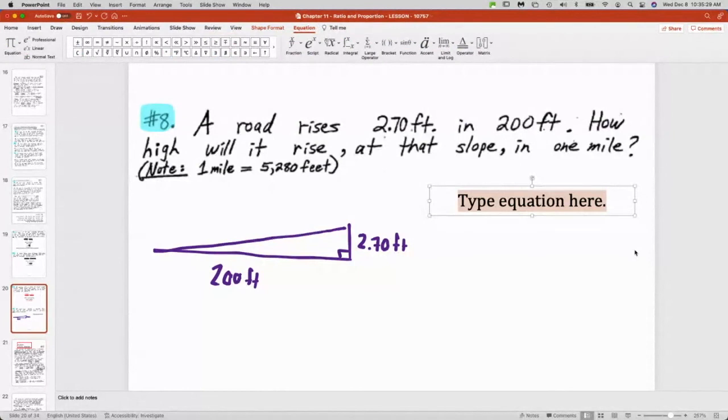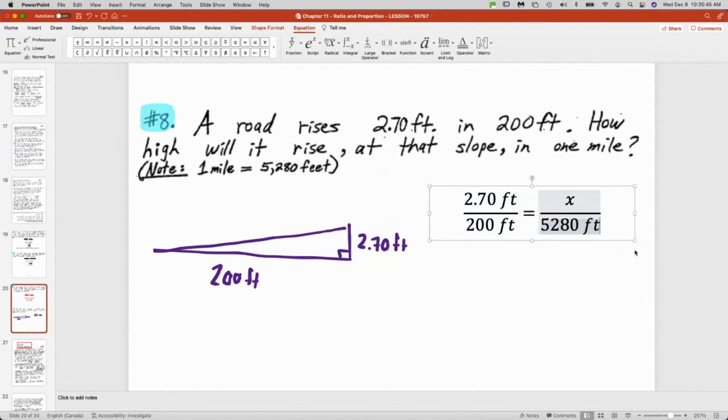Or you could just stick to what I was doing with direct proportion. So we'll say here that 2.70 feet of rise for every 200 feet of roadway is the same as how much of a rise for 5280 feet of roadway.